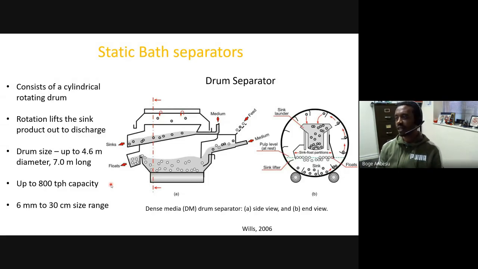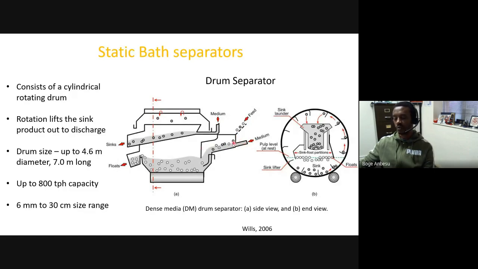So what does a static bath look like? Maybe a simple static bath separator is a drum. So what do we do in a drum separator? In a drum separator, you have particles fed from one end into the drum. In this case, you could have light particles and heavy particles fed from one end, and with that we also feed the media.